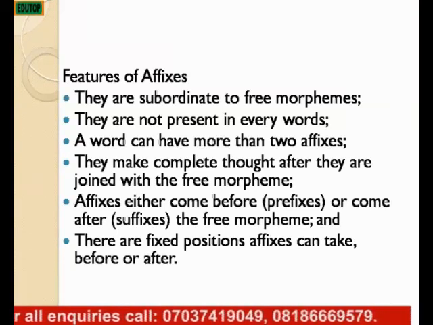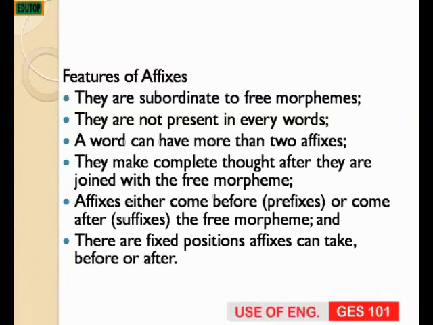And lastly, there are fixed positions for affixes. The ones that will come before cannot be put after the free morpheme, and the ones that would come after the free morphemes cannot be put before the free morphemes. And that is why we have prefixes and suffixes.